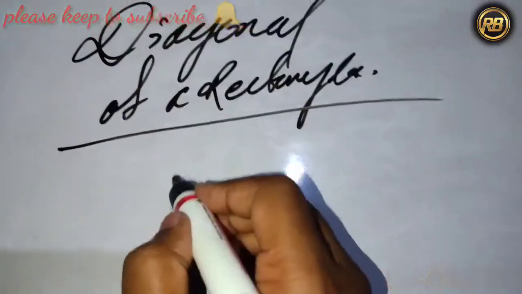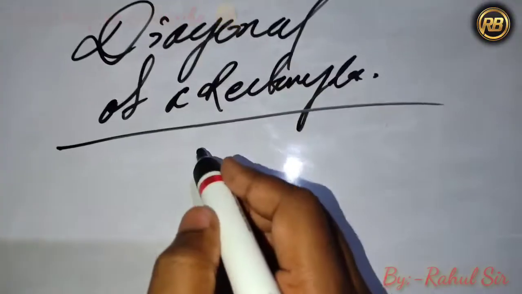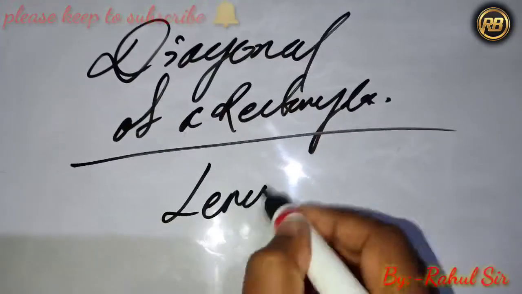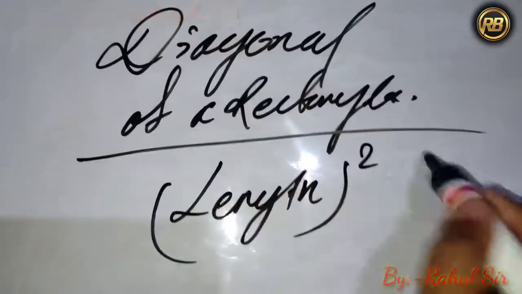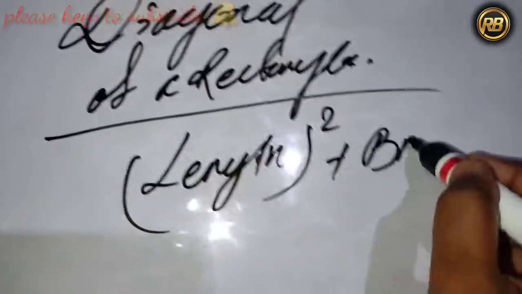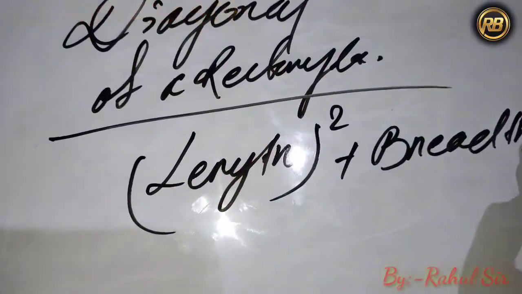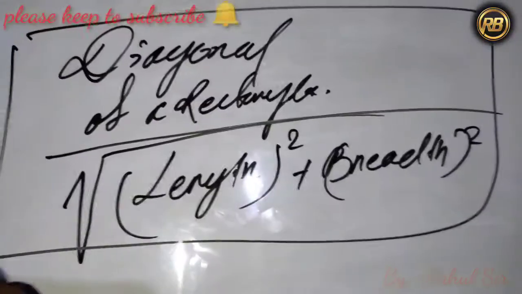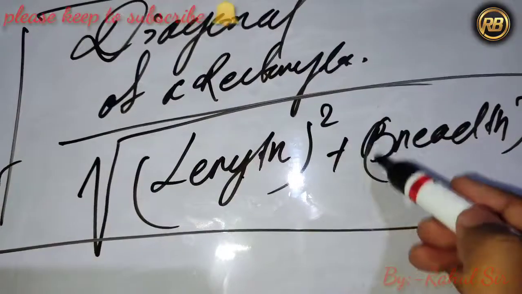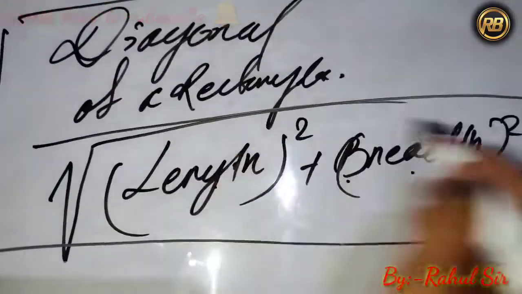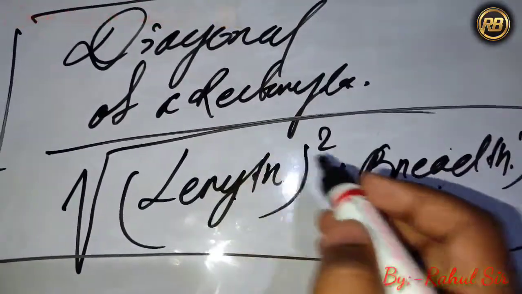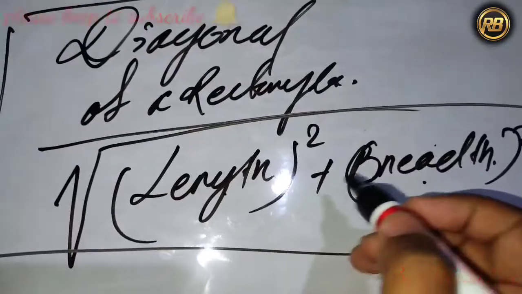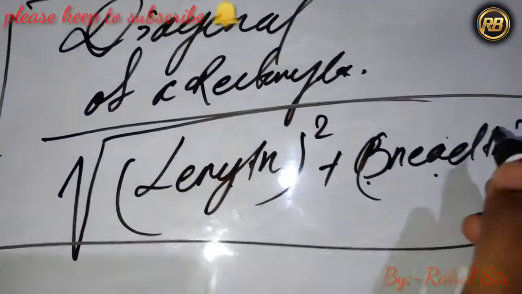The diagonal of a rectangle is equal to the square root of (length squared plus breadth squared).